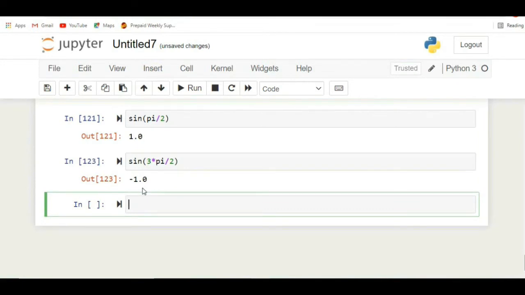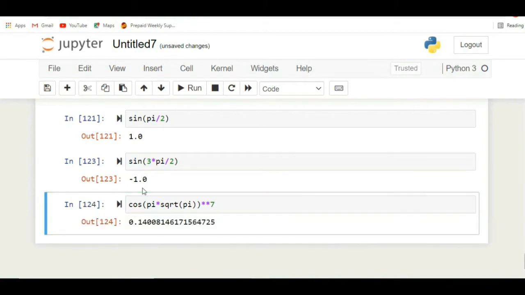Now we shall find the value of cos. I will write a different code inside the parenthesis: cos, and inside the parenthesis we write pi, cos pi multiplied by square root of pi, with a double asterisk, which means raised to the power 7.